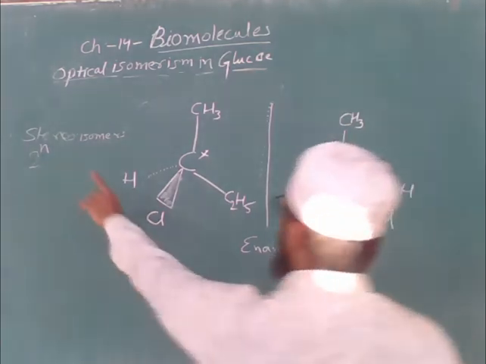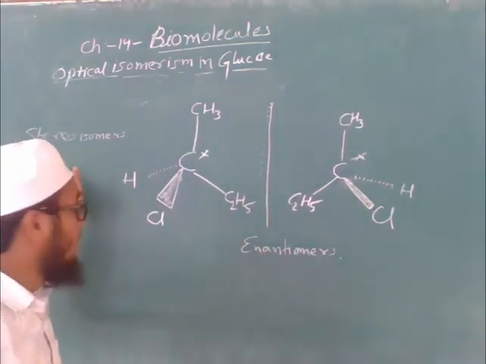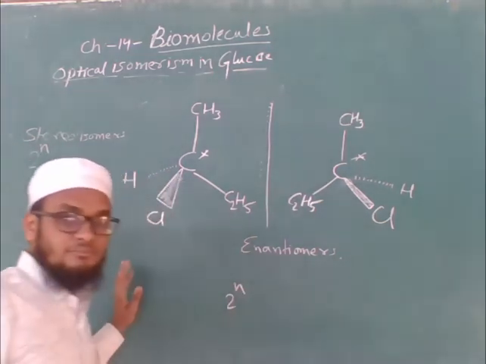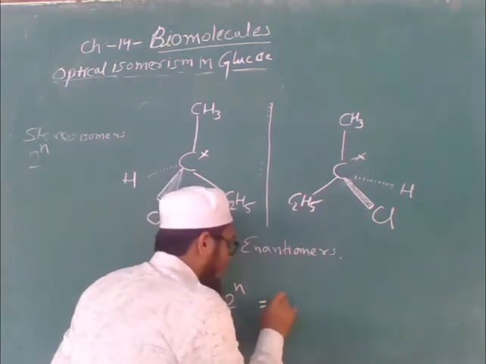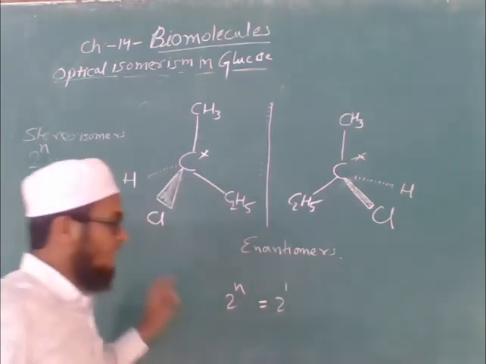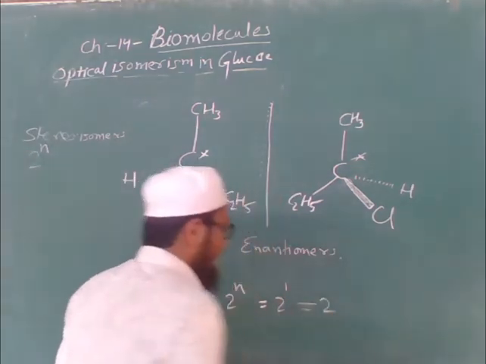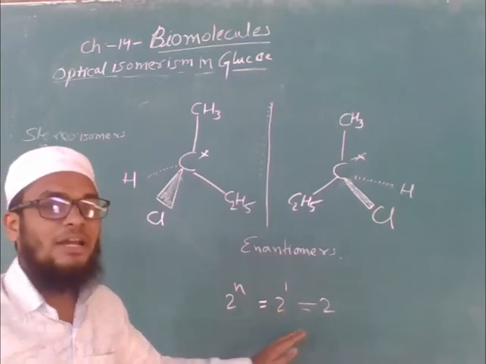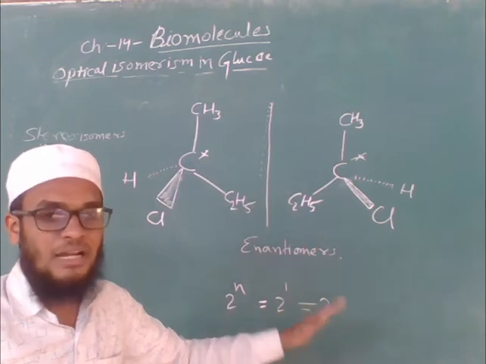So to calculate optical isomers or stereoisomers, we can use the formula 2 raised to n, where n is the number of chiral carbons. 2 raised to 1 means it has one chiral carbon, and the number will be 2. If a compound has one chiral carbon, it will give us 2 optical isomers.